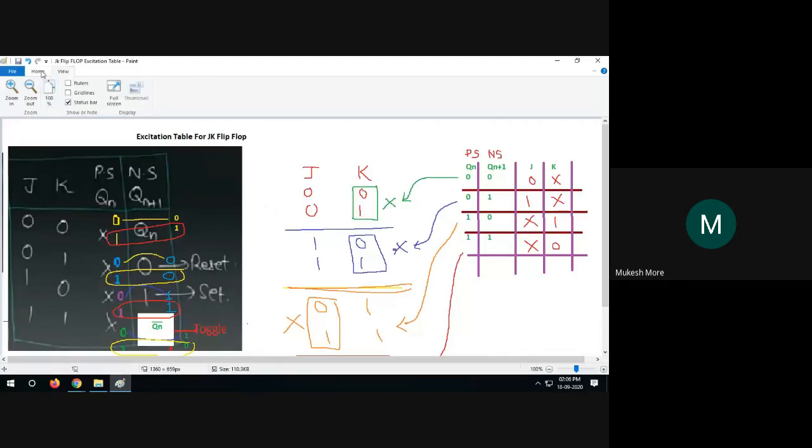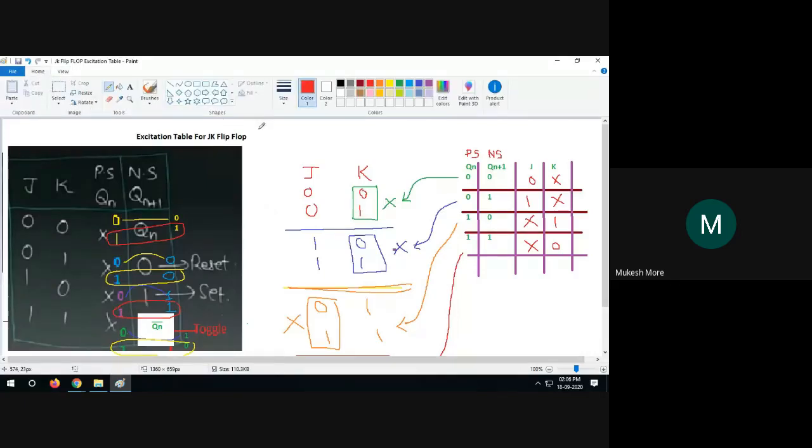Okay. So basically, we need this excitation table for conversion of one flip-flop to another flip-flop.